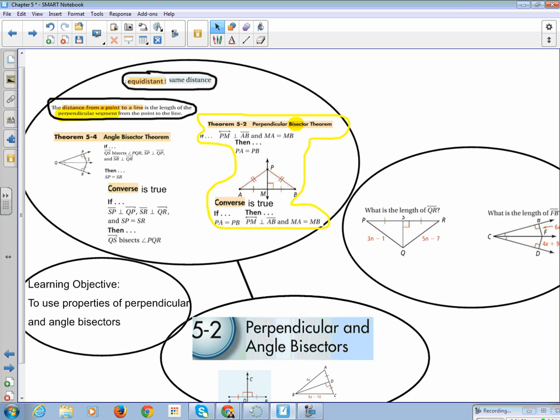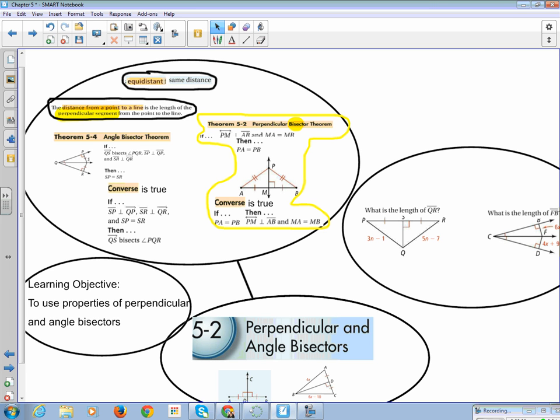So if PM is perpendicular to AB, and MA, which is this bottom distance here, is equal to MB, then we can say that PA is equal to PB. So that's where these congruent line marks are. Congruent here and congruent here.